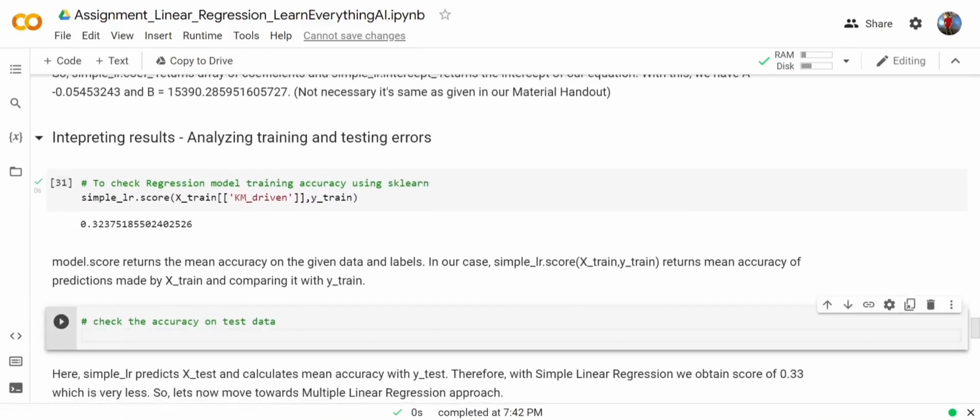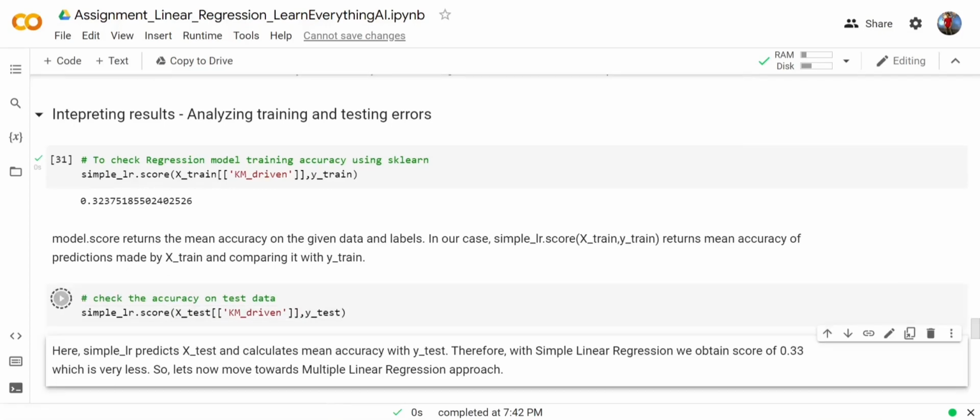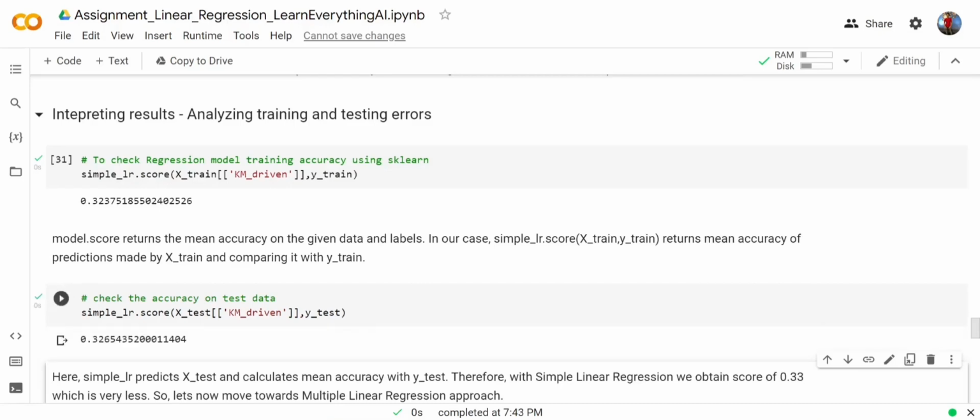And it is not a surprise that we have such a value, because we have just used one variable to fit the entire model, when in fact there are so many variables that are actually playing a major role. And let's just, for formality, see the testing accuracy, which is again going to be quite bad. And yes, as I predicted, it is equally bad.